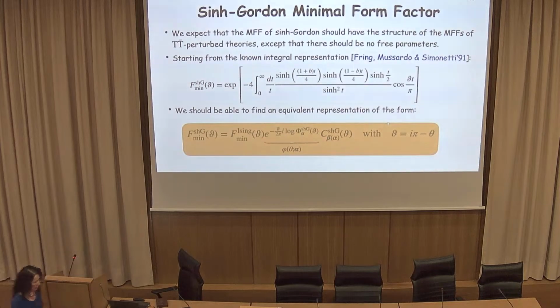Okay. So if my observation is useful, then what we should be able to prove is that the minimal form factor that we know already in this representation should have another representation where it is the minimal form factor of Ising, so the unperturbed theory, times one piece, which is this function I was calling phi, which was e to the i pi minus theta over 2 pi times the sum of all these sinhs.